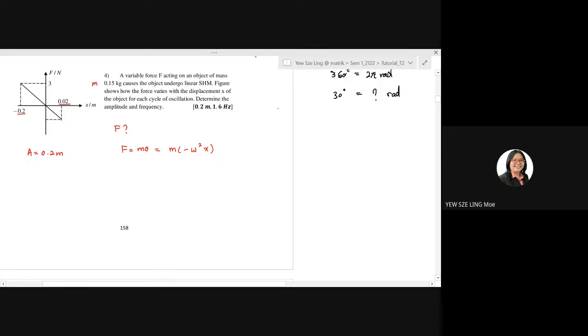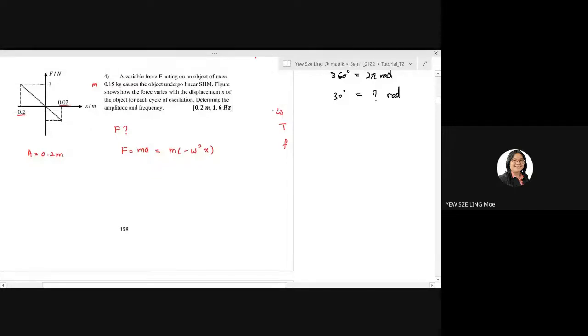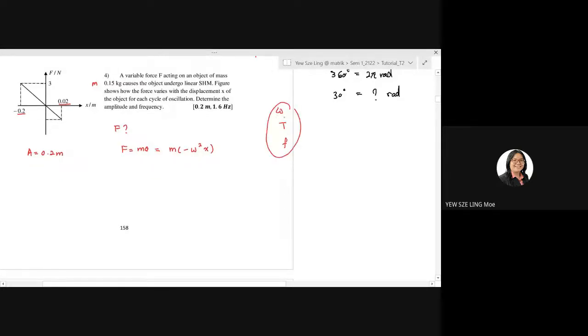Always remember, omega, period, and frequency are one big family. If you have one of them, you can identify the other variables. So if you can identify the value of omega, then you will be able to determine f. So F equals m times negative omega squared x.